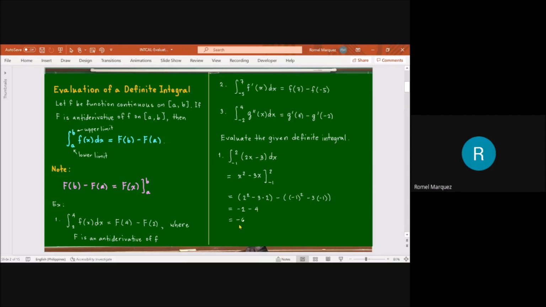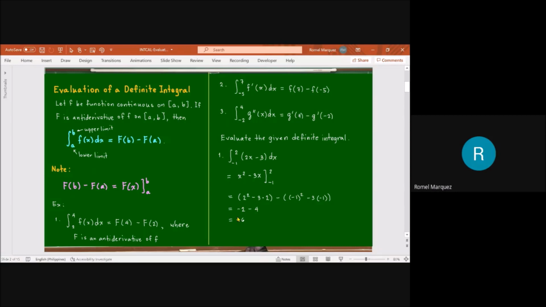So how do we interpret the value? It means you have a region between, for instance, the graph of 2x minus 3 and the x-axis, and perhaps the region is more below the x-axis. The reason why it is negative, or it is also possible that the region is totally below the x-axis.